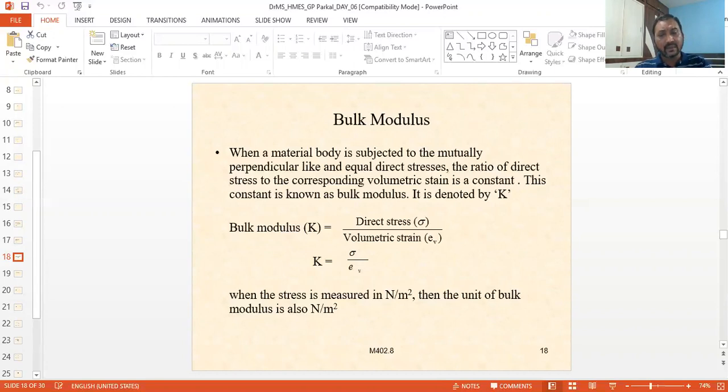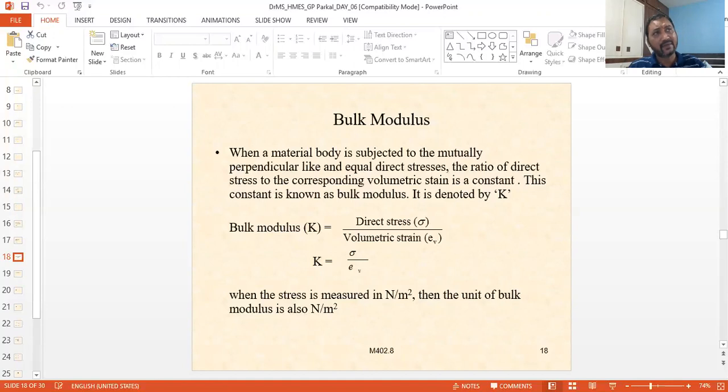The cross section area is perpendicular to the applied force, so we take only the direct stress. The force or stress acting perpendicular to the cross section is taken as the direct force or direct stress.